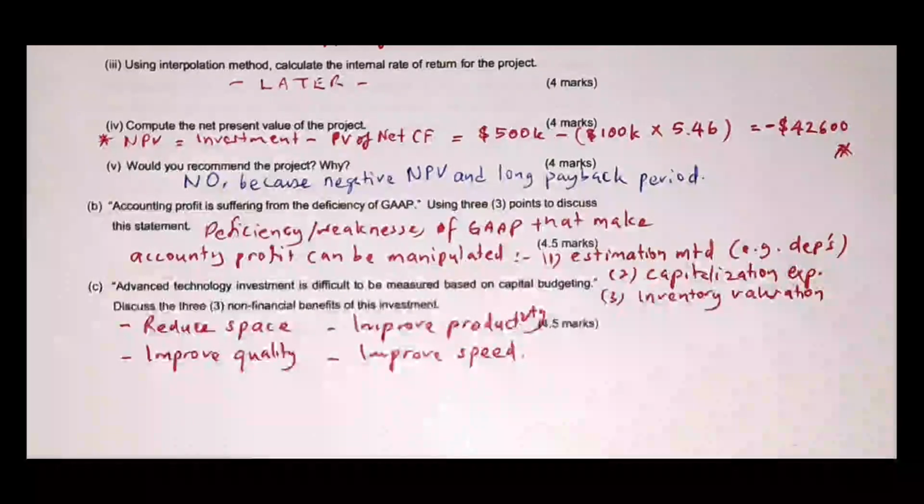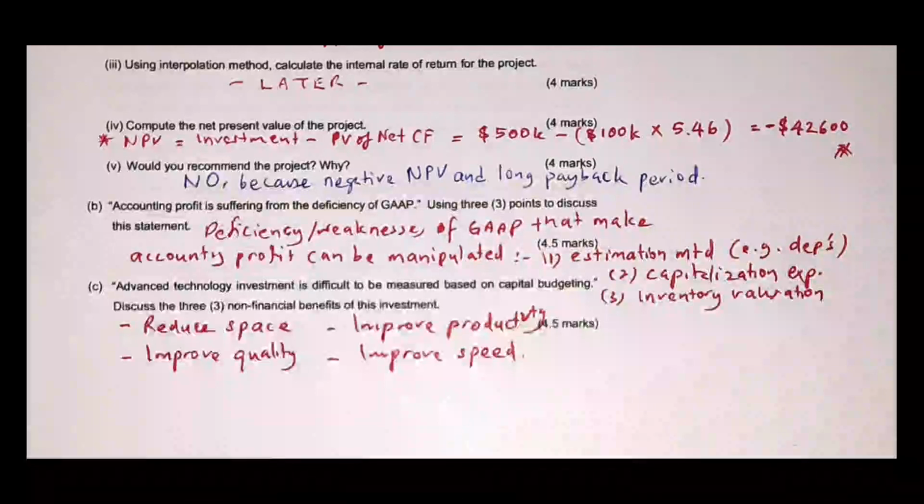So the next point is if you invest in advanced technology, one of the benefits that you can get is improved quality. Most of the time, advanced technology, particularly advanced machine or advanced computer, can produce better product, high quality product.